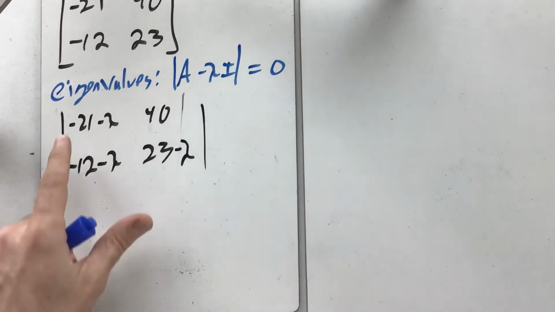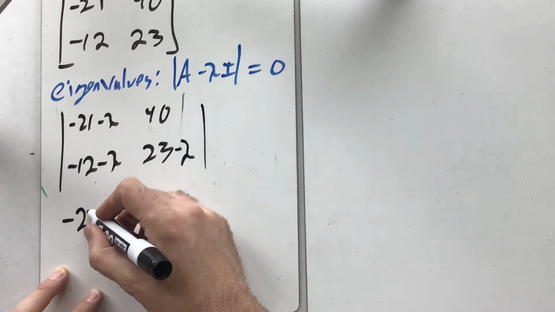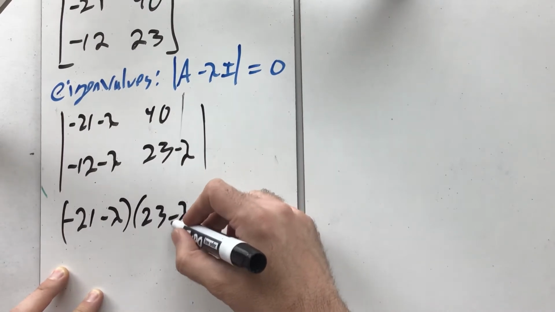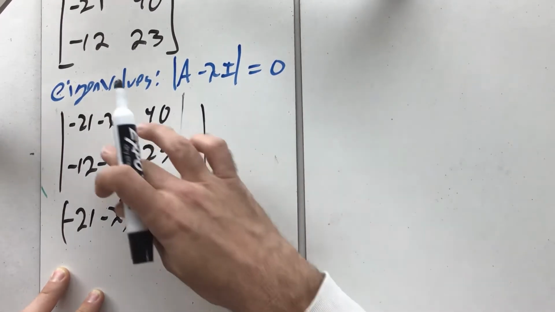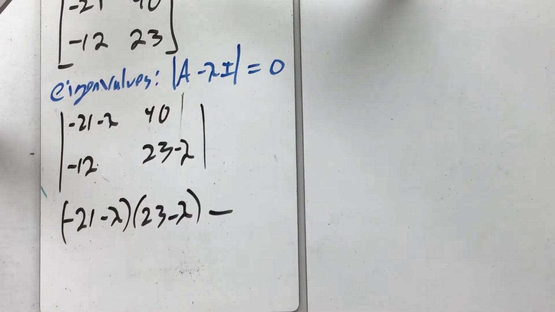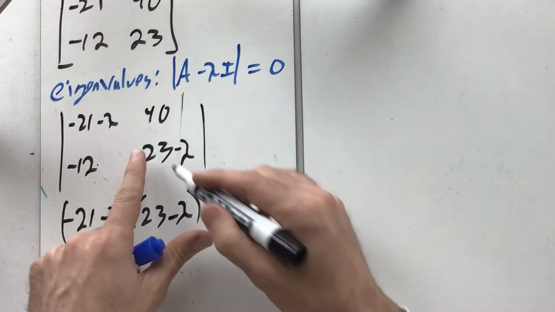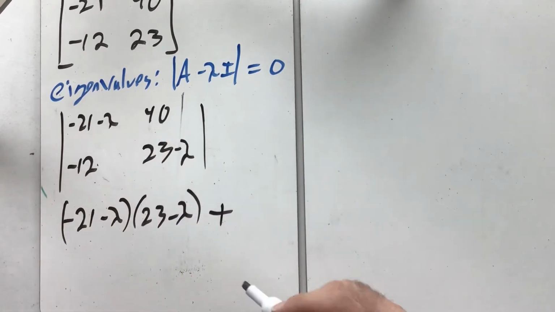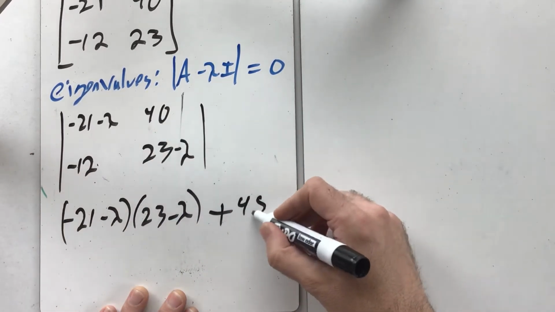It ends up being negative 21 minus lambda times 23 minus lambda, minus, I'm getting my lambdas in the wrong place. Actually plus what you get when you take 12 times 40, and that ends up being 480.